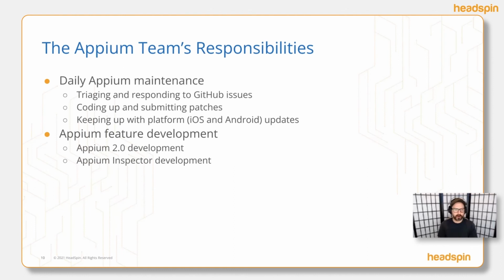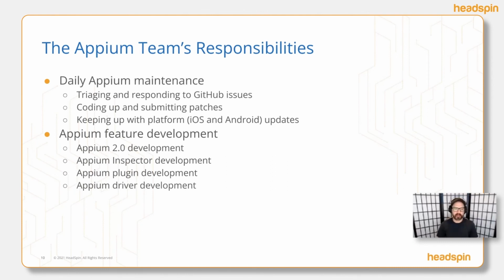There's a tool you've probably seen called Appium Inspector, which is a graphical interface for working with an Appium session, and it lets you do all the things you could do with an Appium client and code, but it lets you point and click and see what's going on. And it's a great way to build up test scripts, figure out what locators are and things like that. So we maintain that.